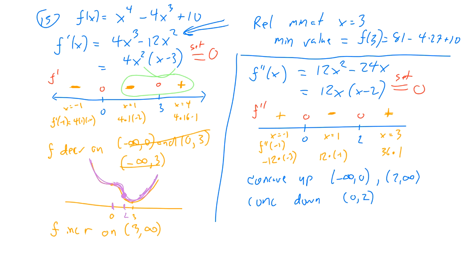Now, since at each of these places where the second derivative is 0, the function changes concavity, that means that both of those points represent points of inflection. So one point of inflection is going to be at 0, comma f of 0, and the other one is going to be at 2, comma f of 2.